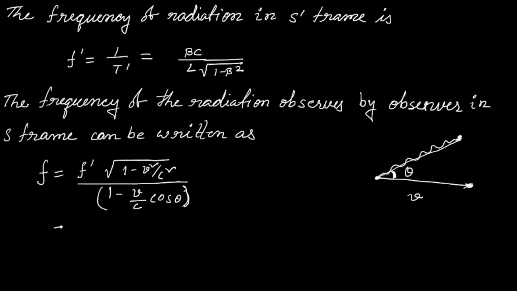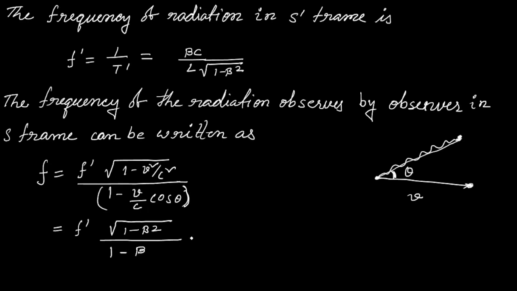So when theta is 0, then f, that is the radiation frequency observed by this observer in S frame, will be f prime into, if we put the value of v, it will be beta square into c square. c square is going to cancel out, so it will be 1 minus beta square divided by, now theta will be 0, so it will be 1 minus v by c, and if we put the value of v as beta c, c will cancel out, so it will be 1 minus beta.